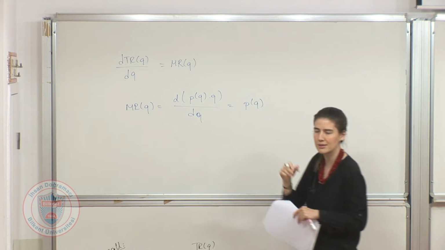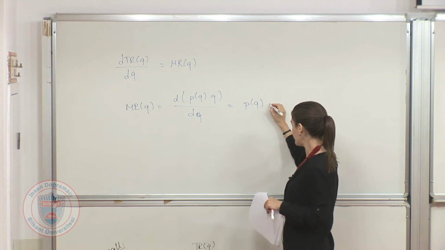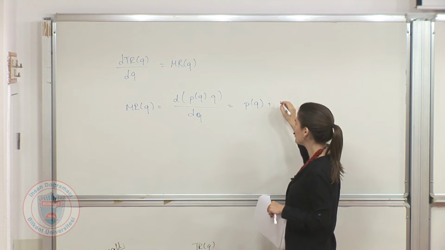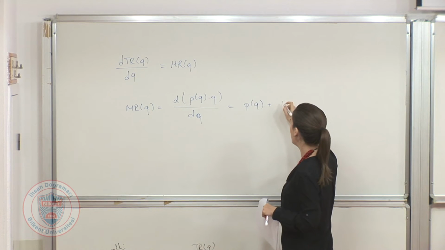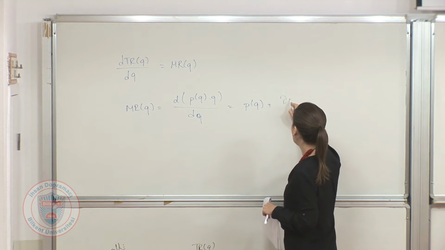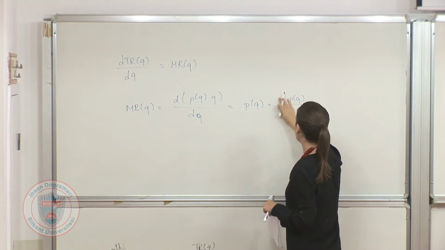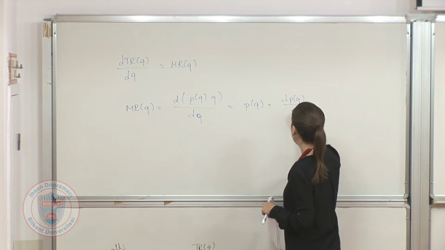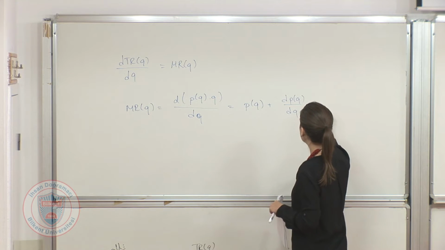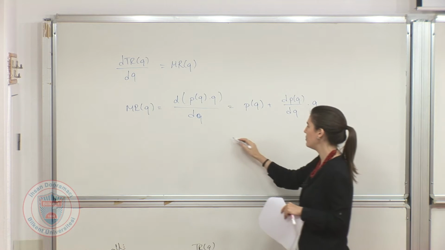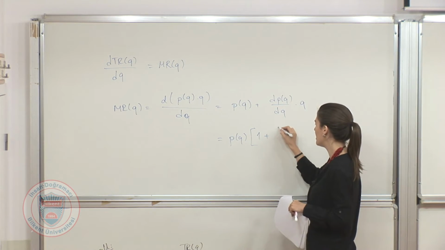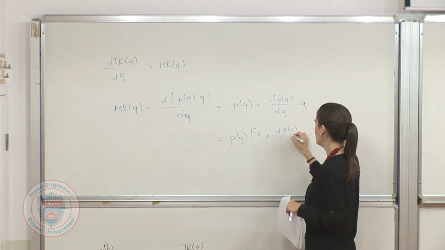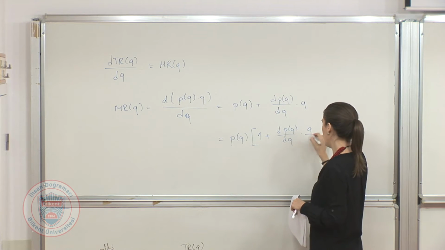We did this in our previous class. Plus, times 1, and then we had dP/dQ times Q. And then we take P(Q) into parentheses: 1 plus dP/dQ times Q over P(Q).